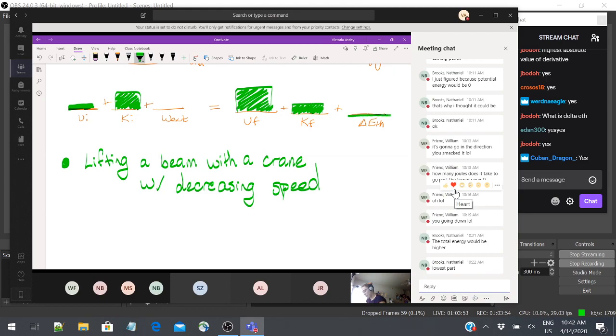So in order to make these balance, we probably did a little bit of external work to lift it upward. Does this make sense? Yes, no? Okay.